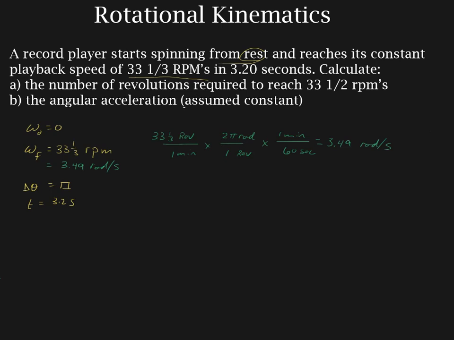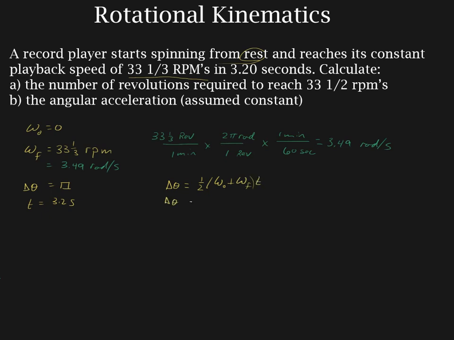So looking at our equations, the one that's probably going to do this the easiest is the one which does not include acceleration, because acceleration is an unknown quantity. And so what we get is delta theta is equal to 1/2 times omega initial plus omega final times t.